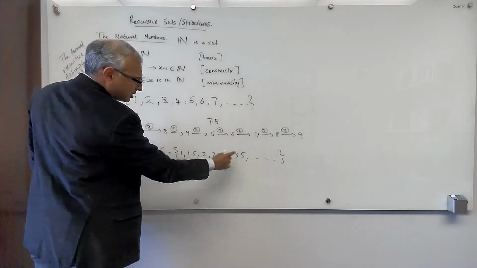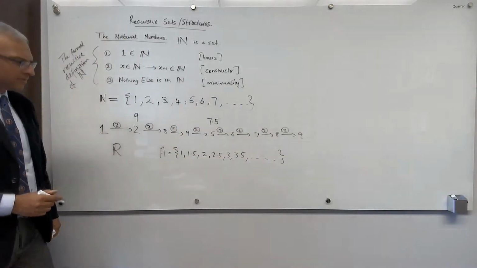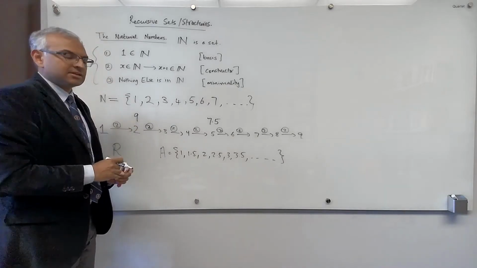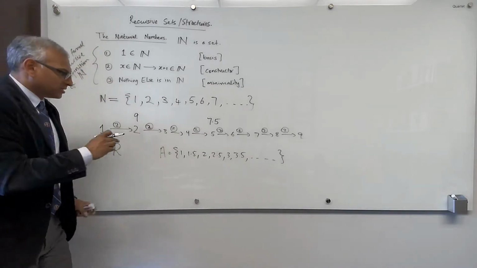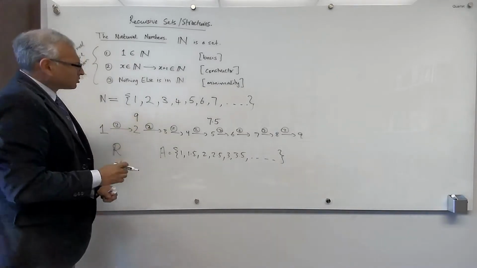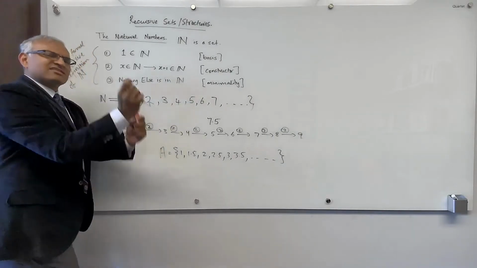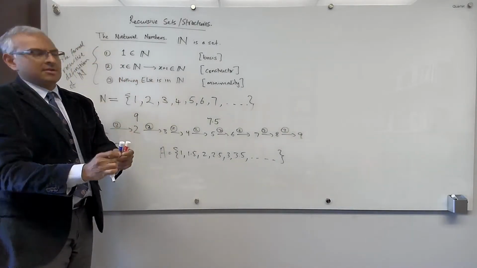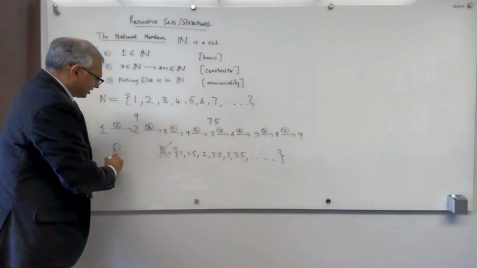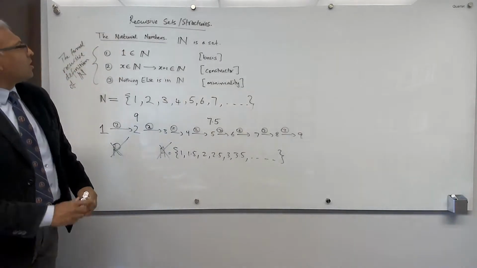So 2 is here, 3 is here, 1.5 is here, its successor is here. So all the successors are there for any element in the set. So it satisfies 1 and 2. But it has other things. So 1.5 cannot be derived. So this set is not the natural numbers. Technically, another way of saying this is that the natural numbers are the smallest set that satisfies those two properties. And that would rule out A, and that would rule out the real numbers. So there, a formal definition of the natural numbers.